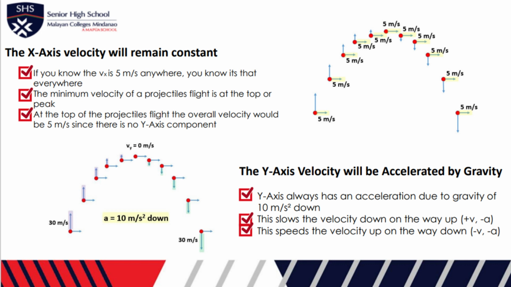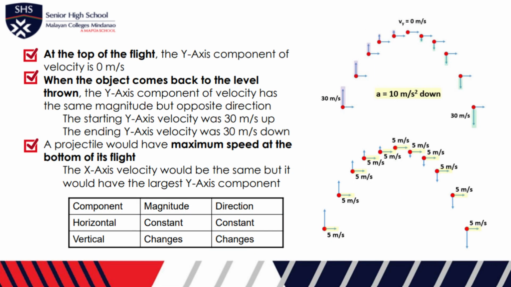Now, mind you, at the center of it, the velocity in the y-axis is already 0 meters per second. And as it goes down, it goes back to 30 meters per second on the way down. At the top of the flight, the y-axis component of velocity is 0 meters per second.